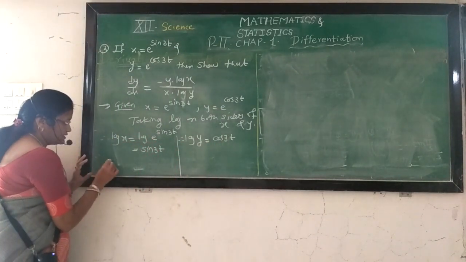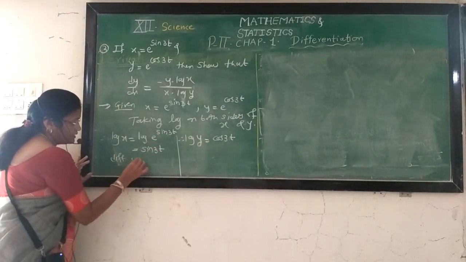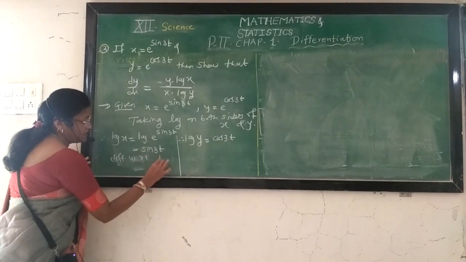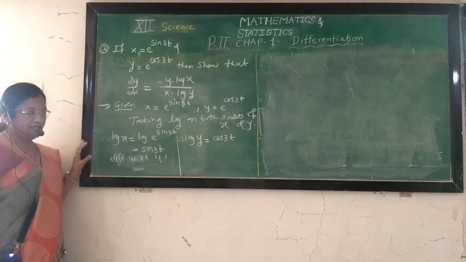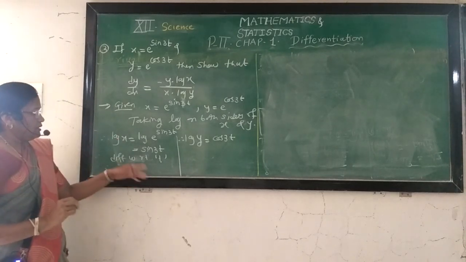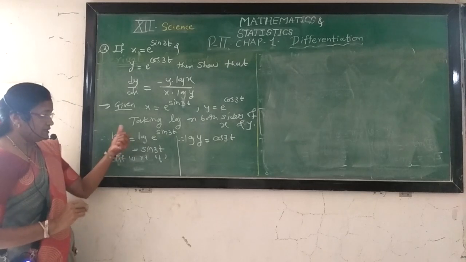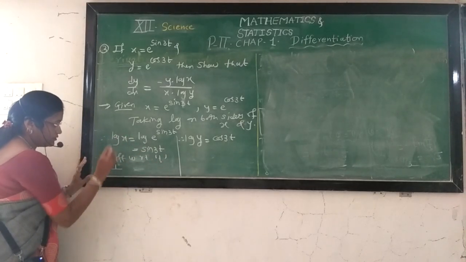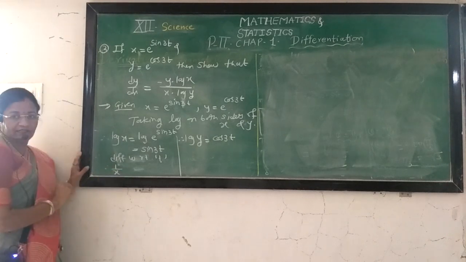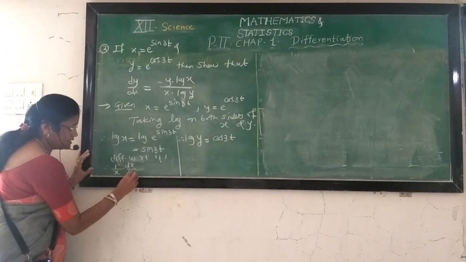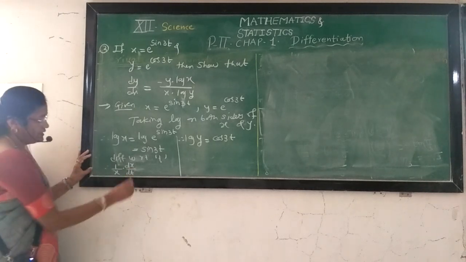So differentiation: as the parameter is t, we differentiate with respect to t. So the derivative of log x with respect to t: for the left side we take the derivative of log x, 1 upon x, and the derivative of x with respect to t, that is dx by dt.